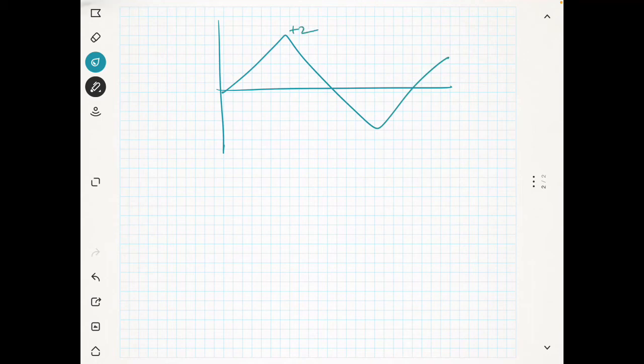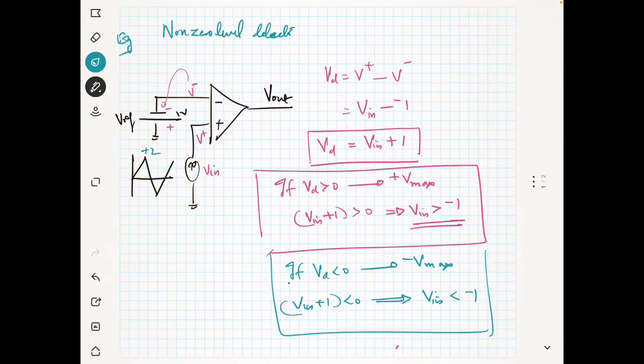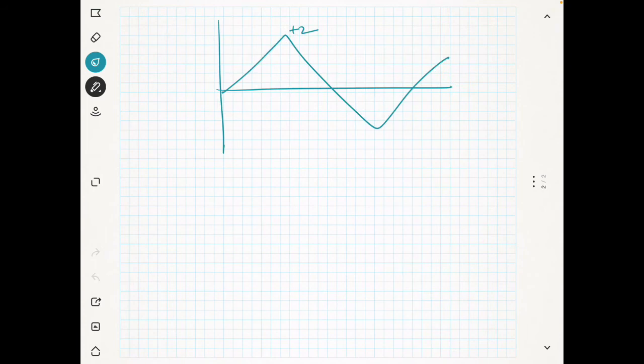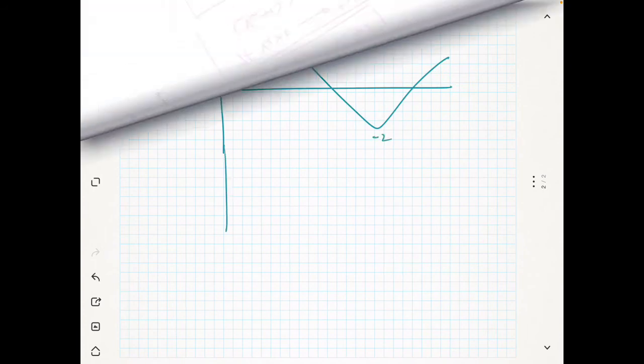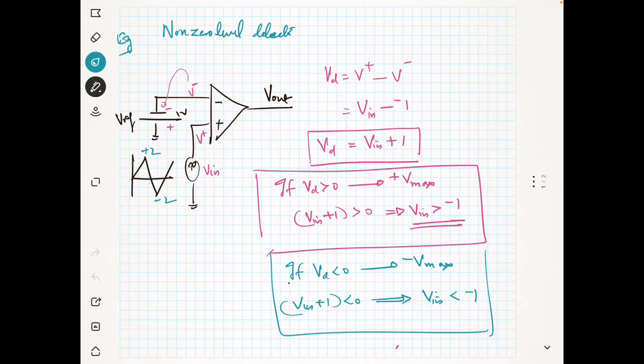So we will see the circuit. You see here, I have drawn this as plus 2 and minus 2. I will draw the line. You see here, this V reference is minus 1, because you have connected negative and then positive.